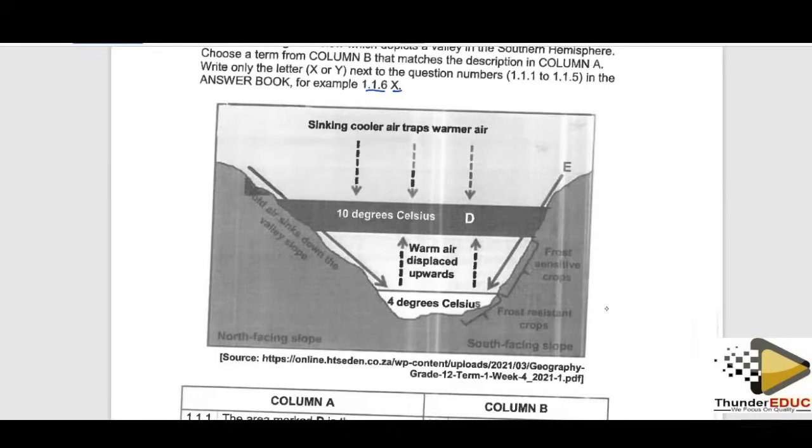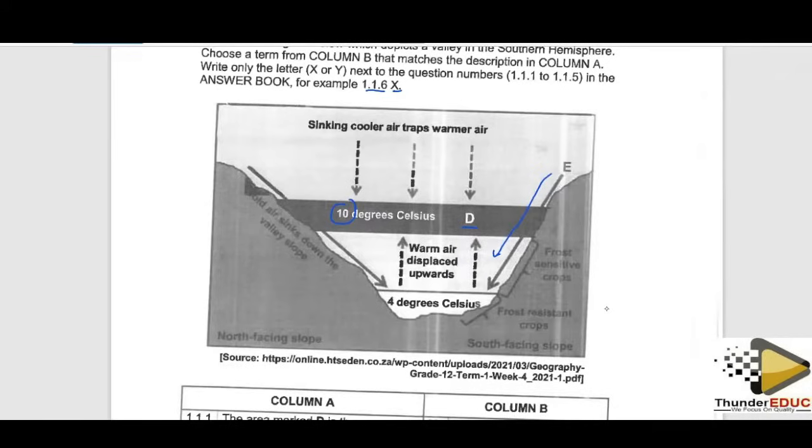They're showing us here sinking cooler air traps warmer air. Then here they're showing warm air displaced upwards. Then here they're showing 10 degrees Celsius, that is at point D. Looking at point A, there is an arrow pointing to the valley bottom.